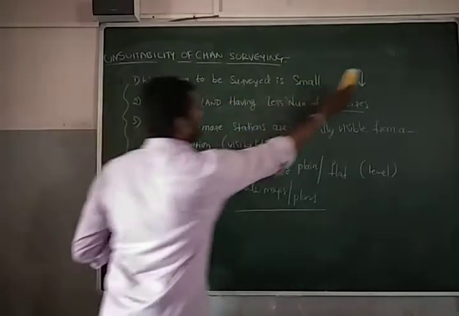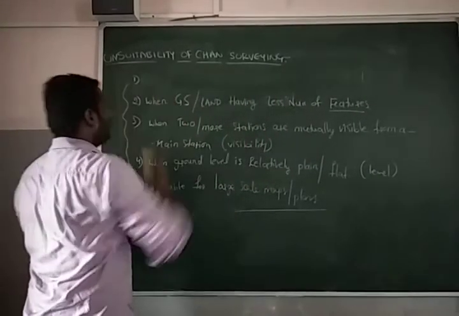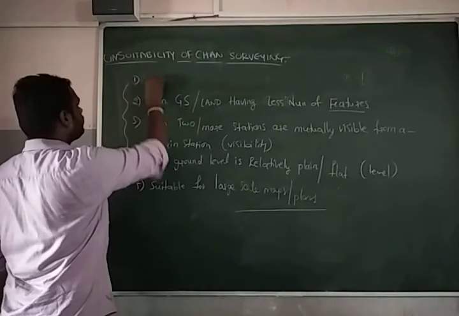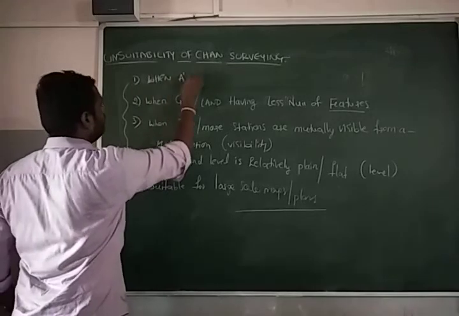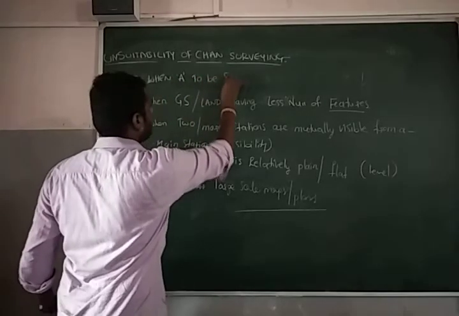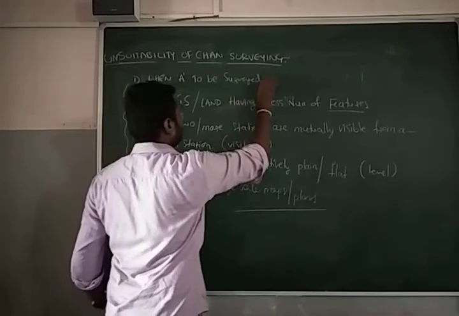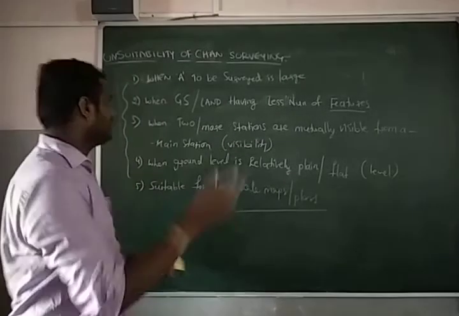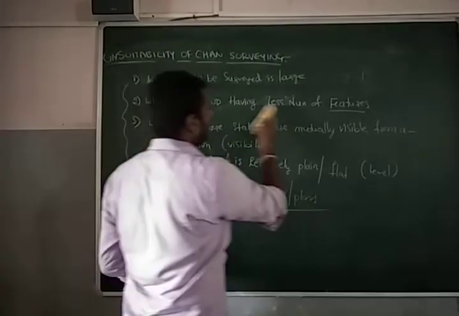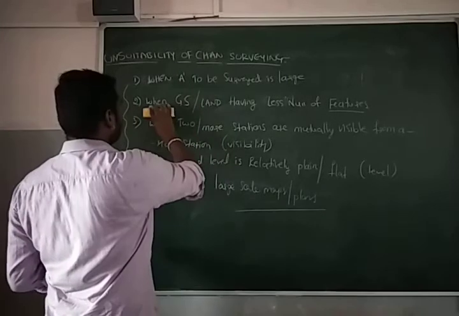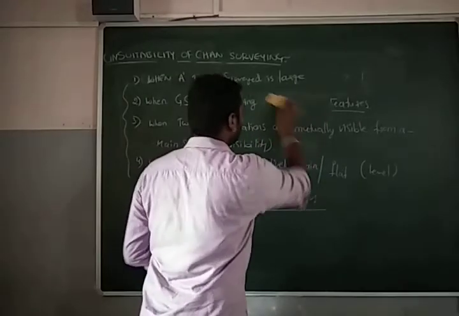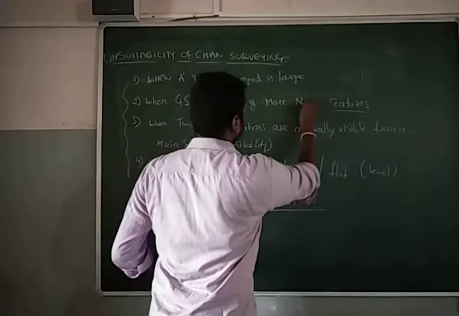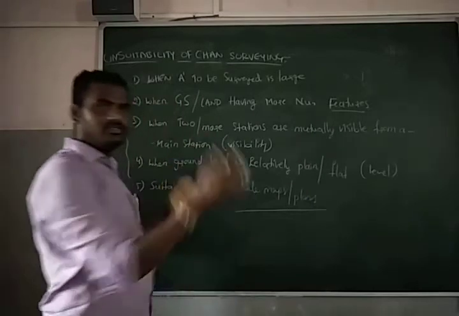First, regarding area: when the area to be surveyed is large. That is the first condition. Next, when the ground surface of the land has fewer features, it is suitable, but when it has more features, then it is not suitable.